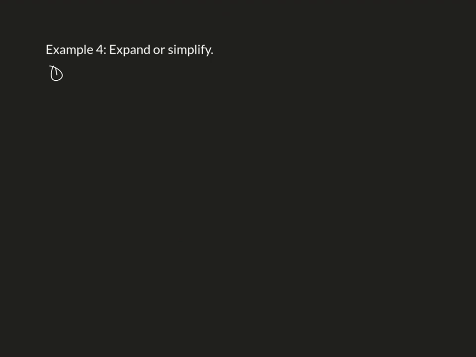The examples we're going to work through now, you either need to expand or simplify them. So the first problem that we're going to have is log base 5 of x to the 3rd power, y to the 6th power.